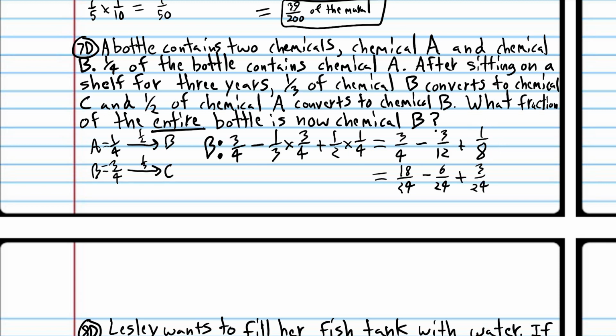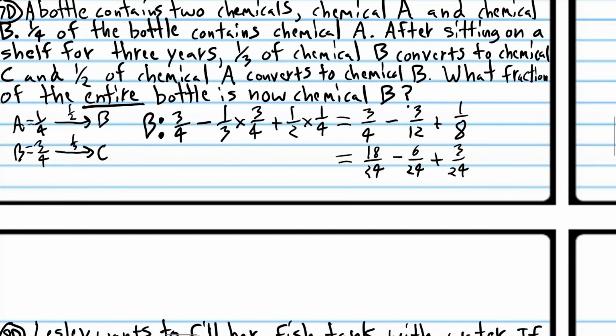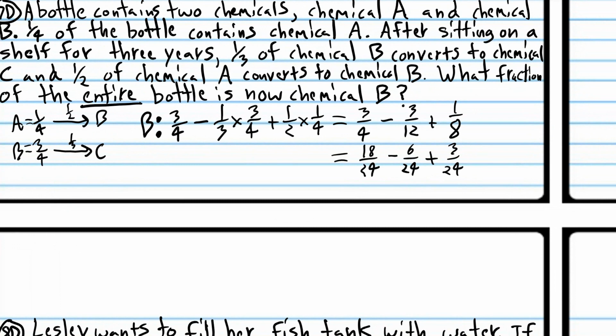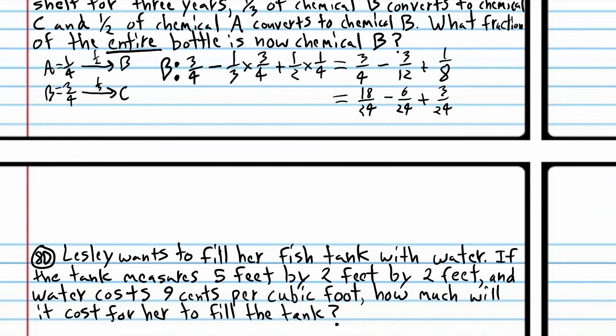Then we have subtraction and we have addition. So PEMDAS tells us that when you have subtraction and addition, you move left to right. If you don't move left to right, you're going to get the wrong answer. If you try to add these first, then subtract that from 18/24, you're going to get the wrong answer. We have to move left to right first. Do these first. So 18/24 minus 6/24 is 12/24.